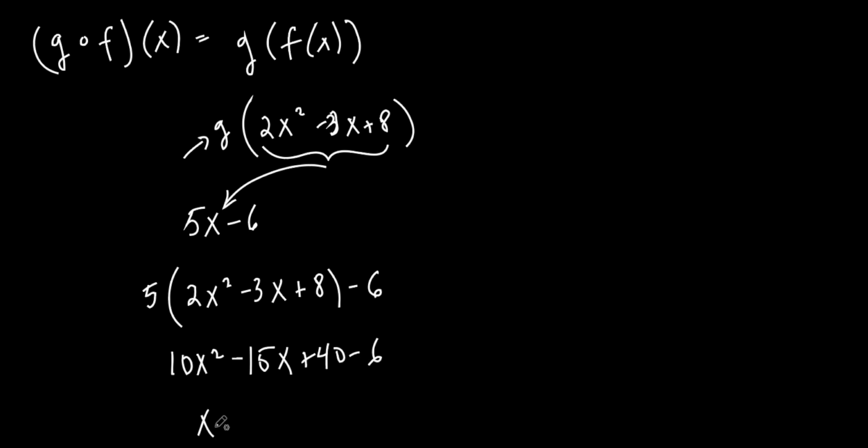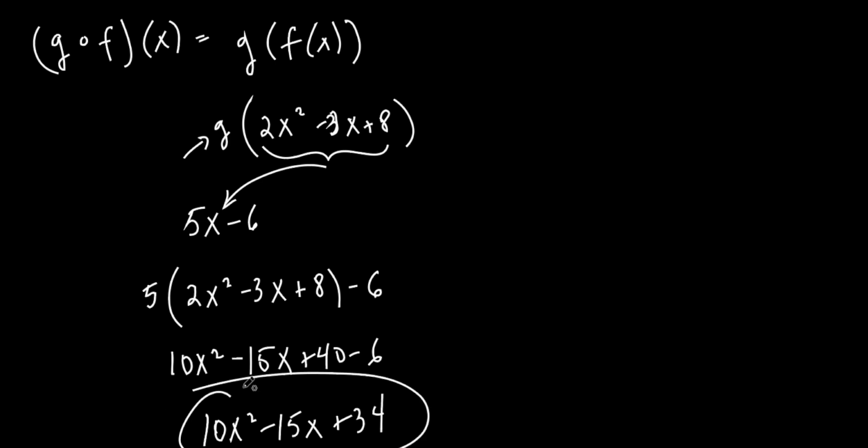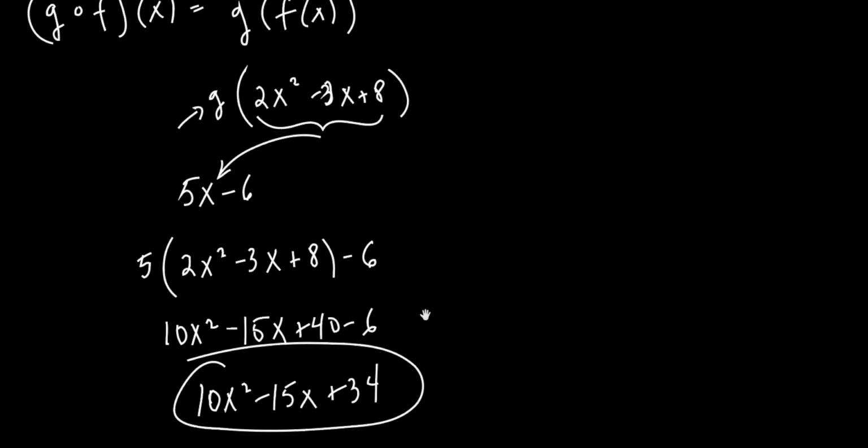Almost done. 10x squared minus 15x plus 34. And there you go. That is your answer. Do you agree? Pretty simple. Sometimes the arithmetic might get a little bit tough, but there you go.